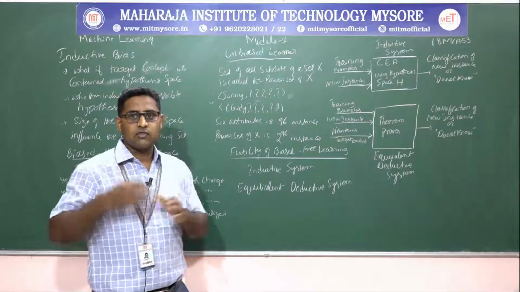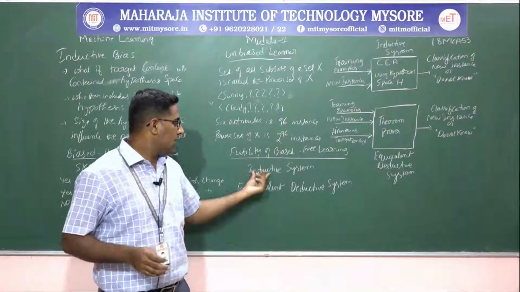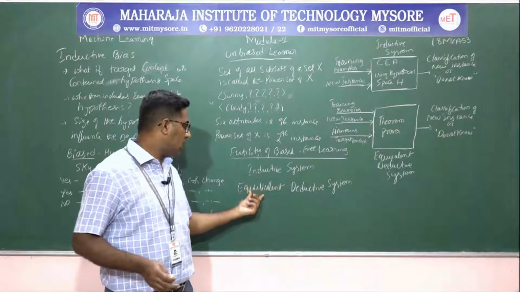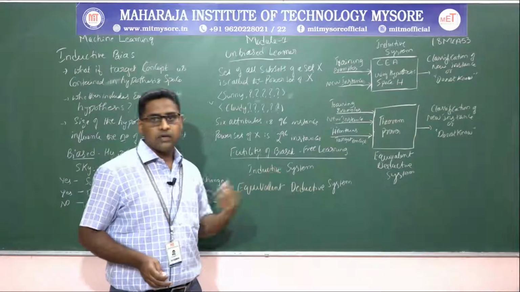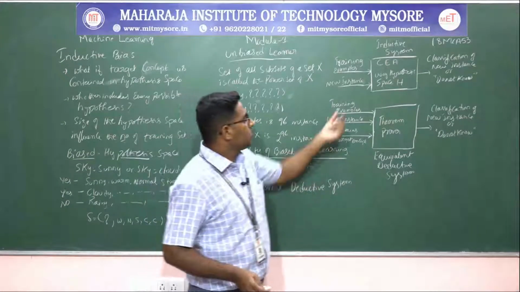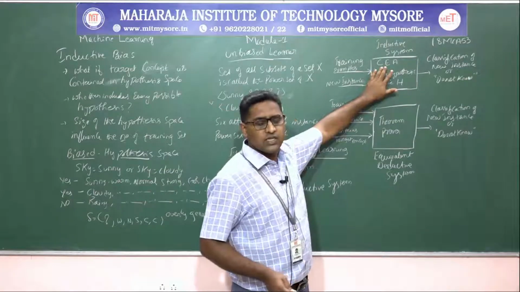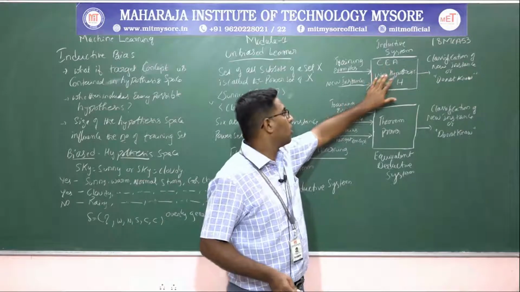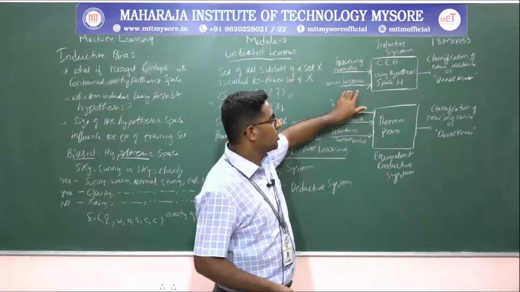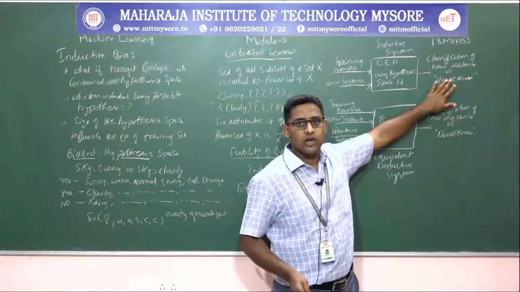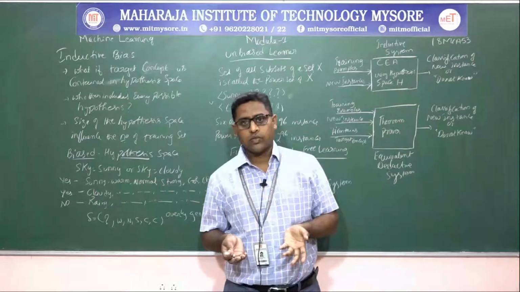Uselessness of biased free learning means there are two systems: one is the inductive system and another is the equivalent deductive system. In the inductive system you will be using CEA, the candidate elimination algorithm. The training examples with a new instance will generate the classification of the new instance, or it will say it is unknown.